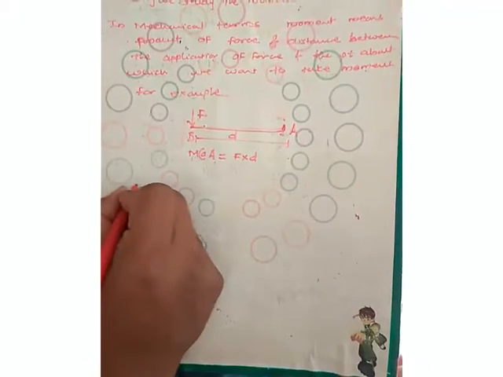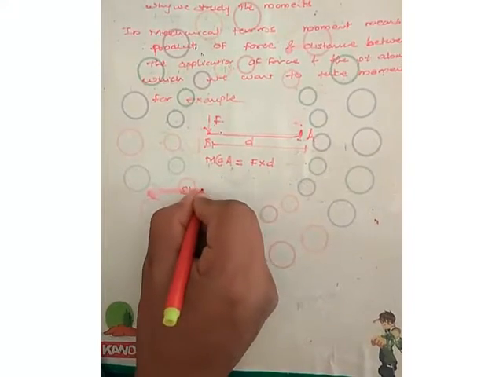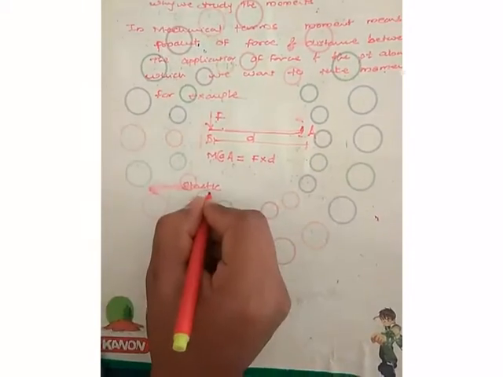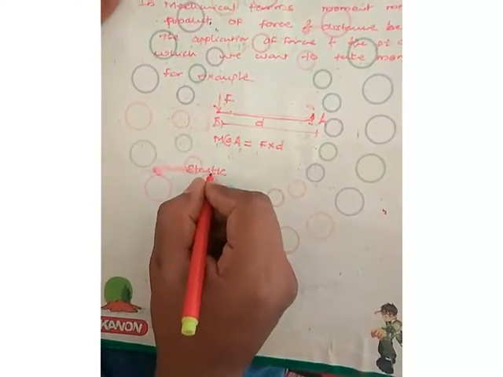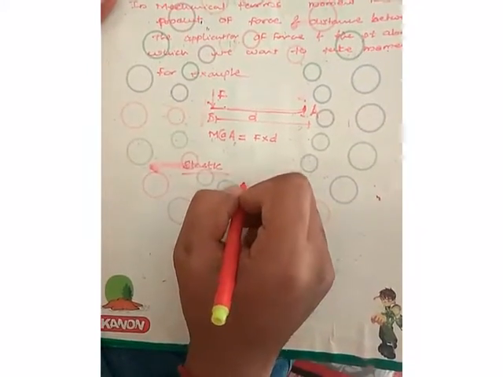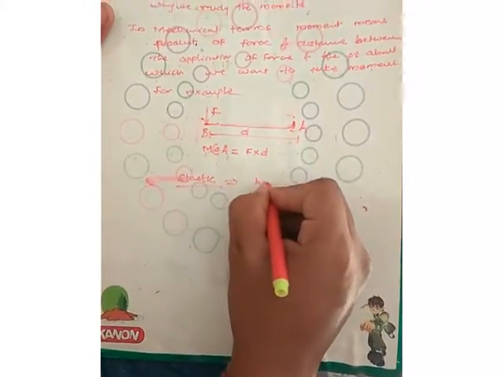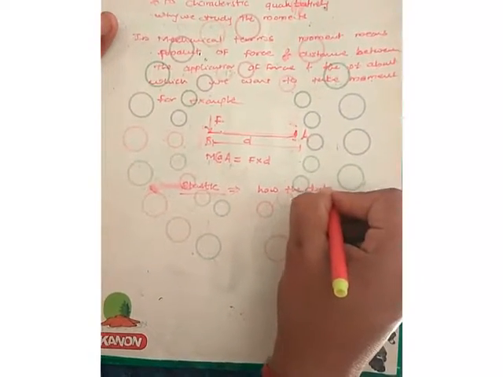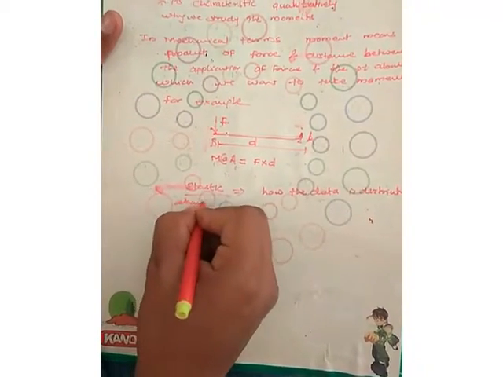Similarly in statistics, the moment is how the data is distributed about that point. It tells about how the data is distributed about some point.